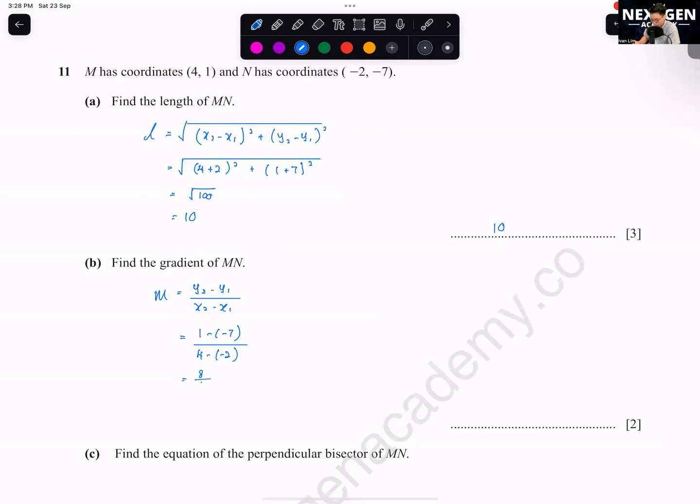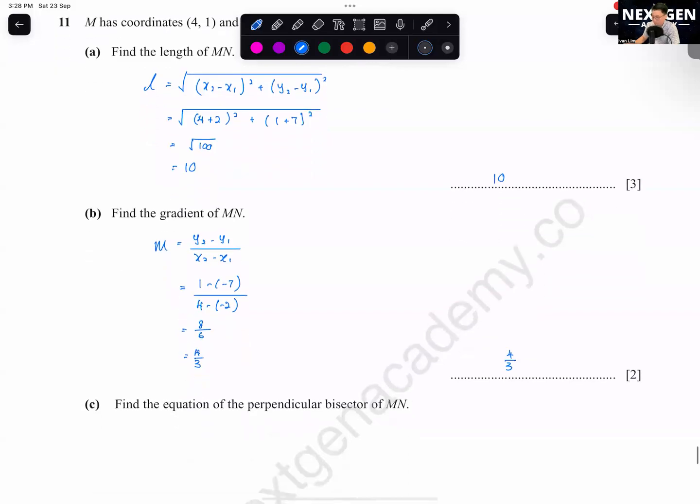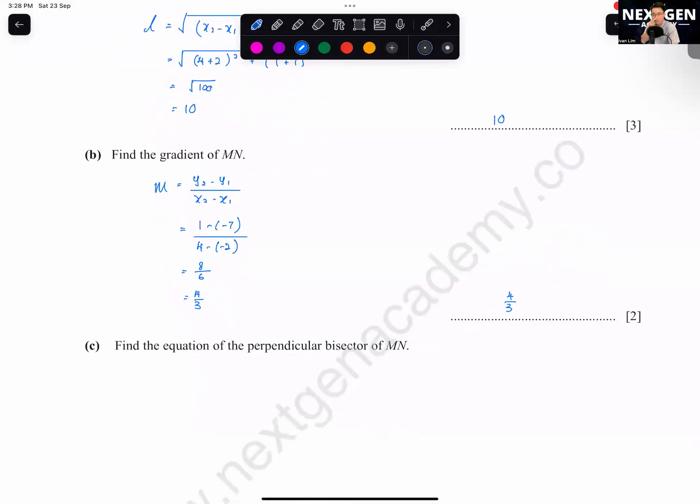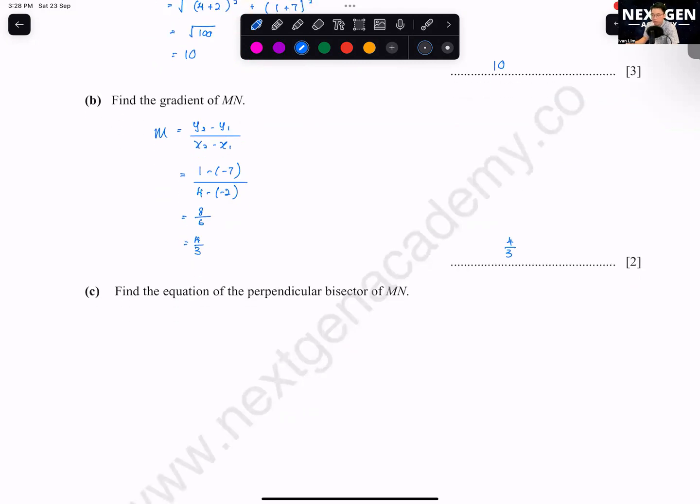You get 8 over 6 here, which is 4 over 3. Okay, equation of the perpendicular bisector. Okay, so you need to find the midpoint and you need to find the gradient of the normal. Okay, so gradient of normal. Okay, the shortcut method is you find the negative inverse of it.